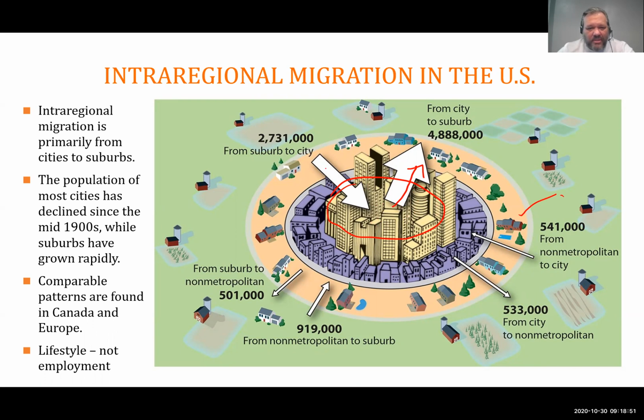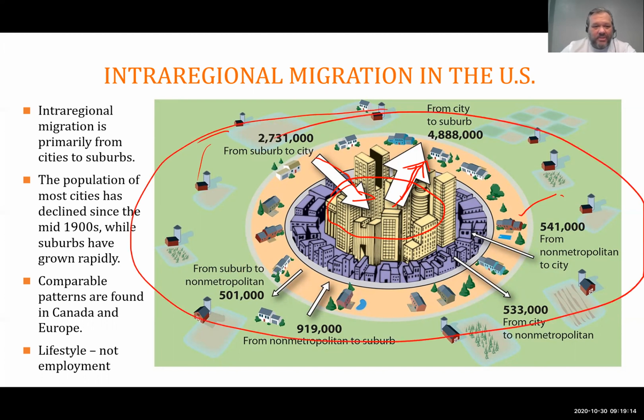All right. So we had some people moving from the suburb into the city. We had people moving from the city into the suburbs, and not a whole lot of people were outside of that. Obviously, we have people living on the outer parts. This is the rural area, but this is what we mean by intra-regional migration. So they're staying in the same general area, but they are moving within different spots.